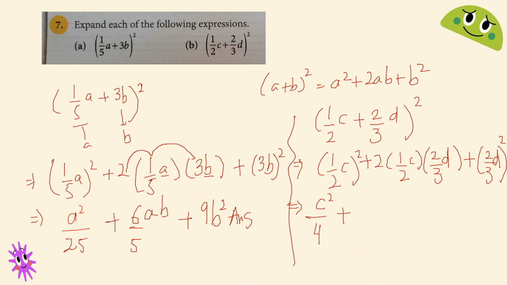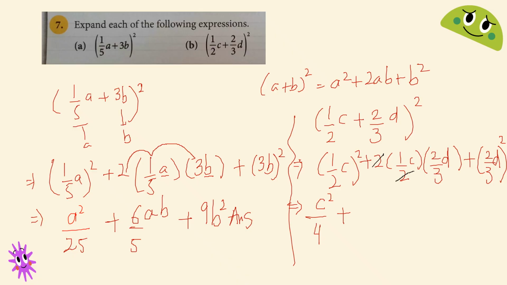I can cancel these two, because one is in the numerator, one is in the denominator, so they divide each other. I cannot cancel this 2 with this one, because both are in the numerator and they should be multiplied. But I can cancel one from the numerator with one from the denominator, because they are dividing each other.